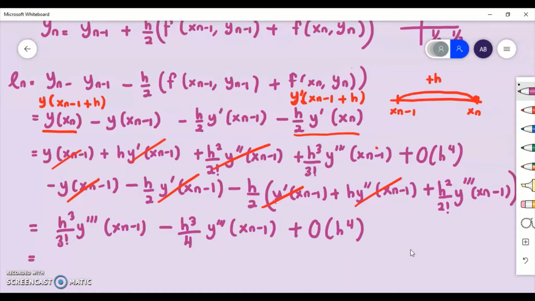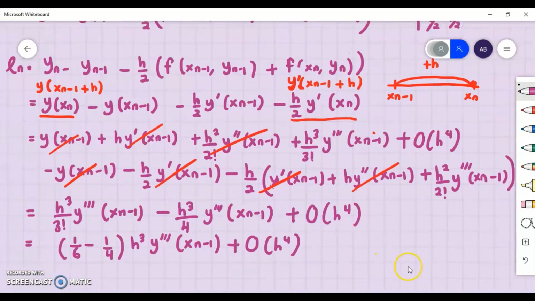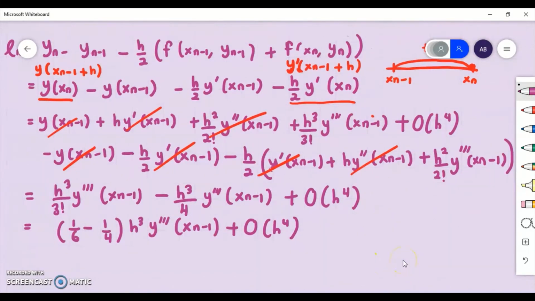Okay, so what do I have here? h cubed over 6, so I have 1 over 6 minus 1 over 4, h cubed y triple prime at xn minus 1 plus order 4. Okay, so what can I get here?